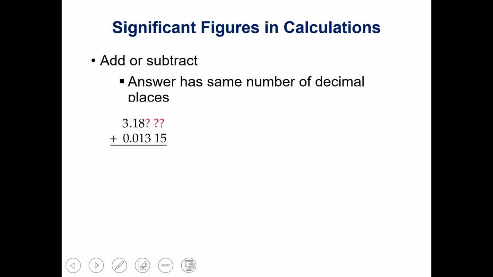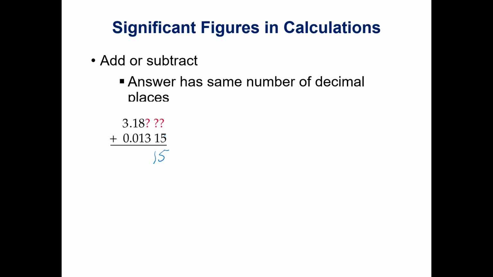Now when we add or subtract, we go by the number of decimal places. So we're limited by the number with the smallest number of decimal places. So if we add together 3.18 plus 0.01315, the 5 is considered significant. Actually, we'll figure out what's significant once we add these together.